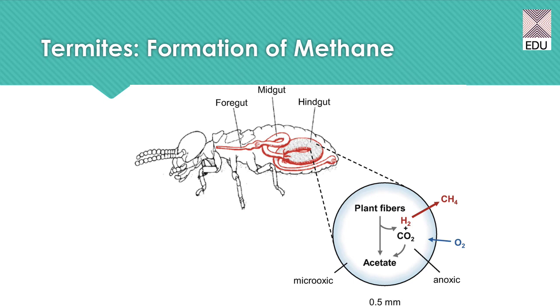Hydrogen and carbon dioxide along with methane are produced as byproducts. So here the methane is given out, and oxygen is taken in for this particular reaction. So this is the formation of methane in the gut of the termites.